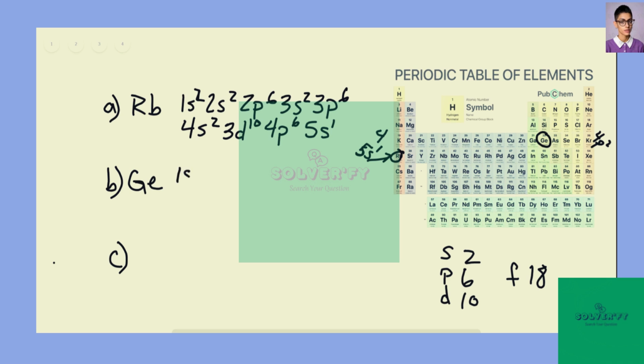So from there again, 1s2, 2s2, 2p6, 3s2, 3p6, 4s2, 3d10, and then 4p2.